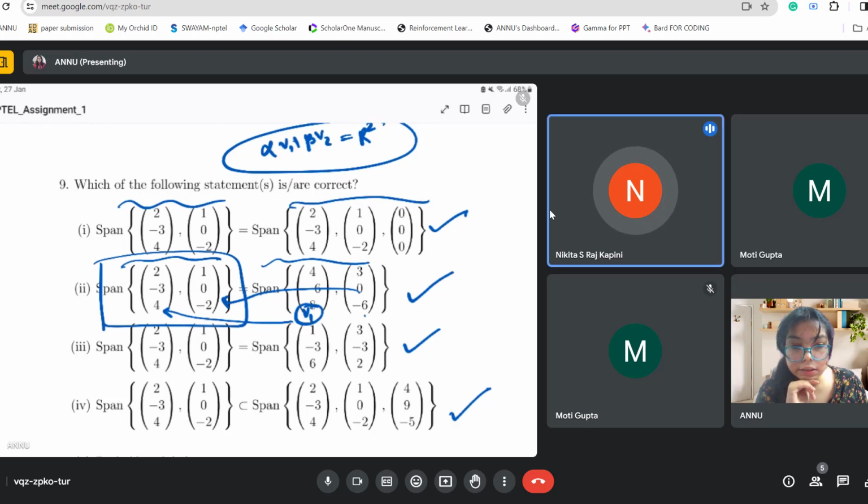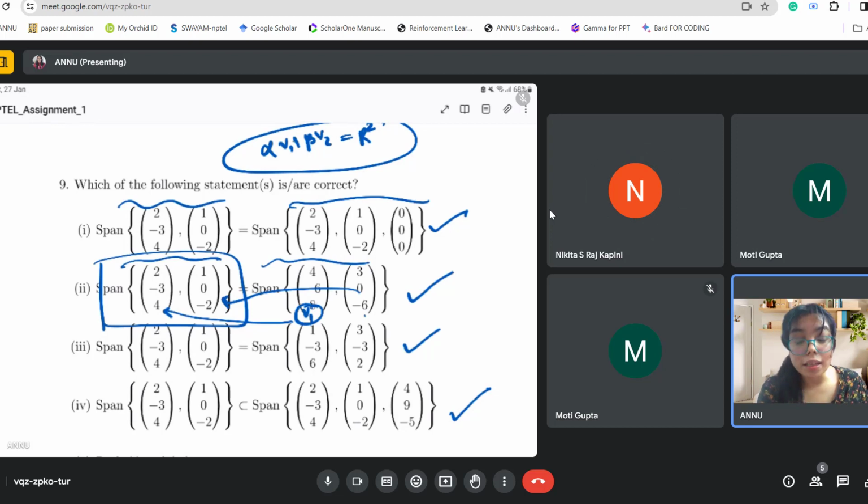So my doubt is, for the second one, 2 minus 3, 4, 1, 0, minus 2, suppose you take some alpha and beta here, and if you take the same alpha beta for the second one, it won't be equal, right? No, no. It is span. Alpha beta can be any value, right? Span means it is spanning the whole 2D.